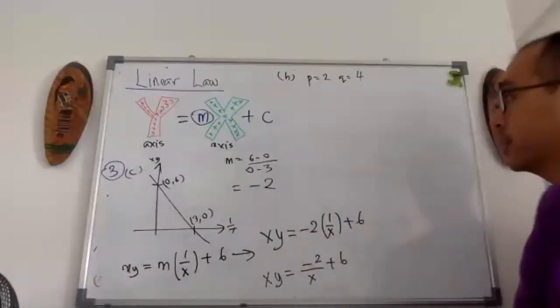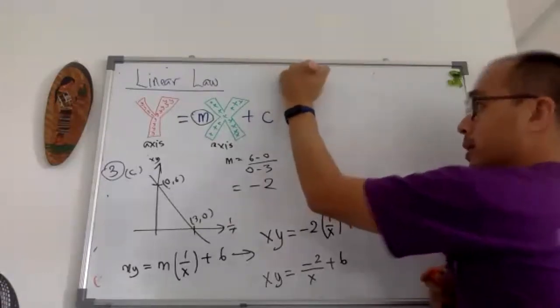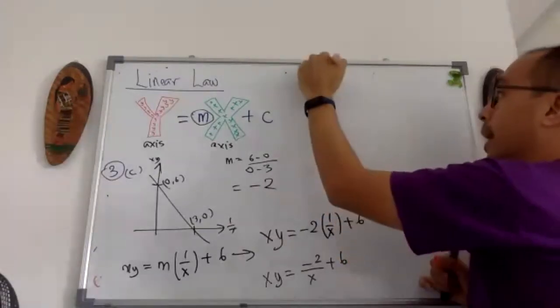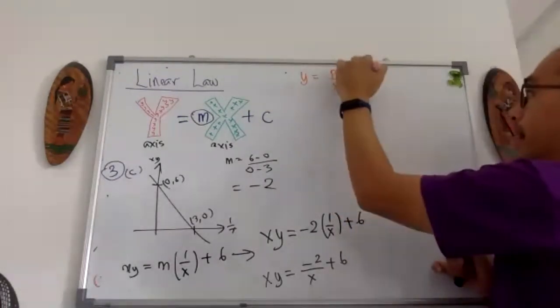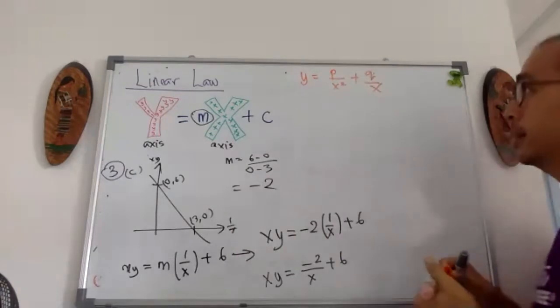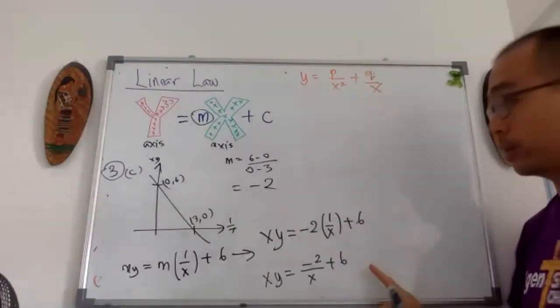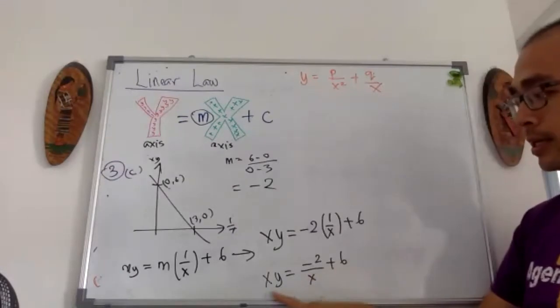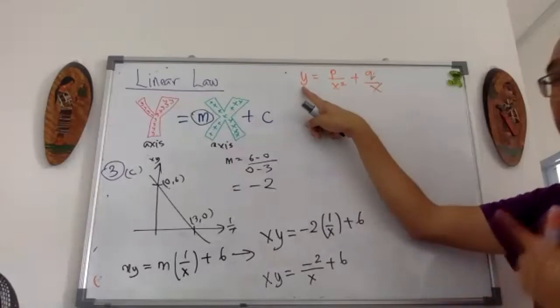Okay, let's take a look at this one now. Our equation given is y equals to p over x squared plus q over x. Okay, let's take a look at the original equation and take a look at the equation that we built. Dia punya build, the starting is xy. The equation given is y.